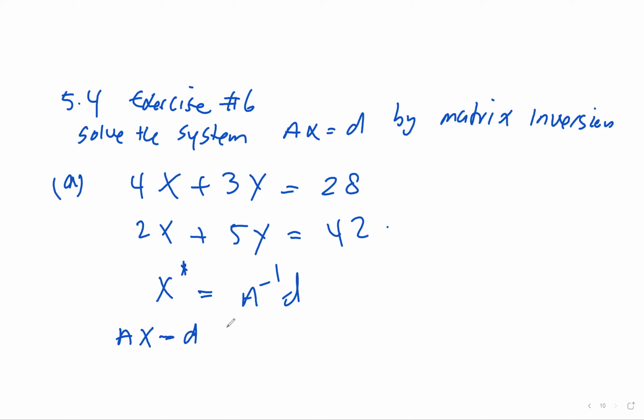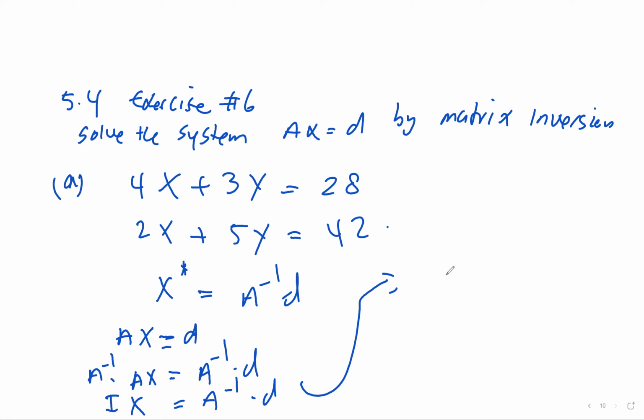So we multiply both sides by A minus 1 times AX equals A inverse times D. So on this side, A inverse times A becomes the identity, giving X, and that is equal to A inverse times D. And from here, we can write that X star is equal to A inverse times D. So that's what it is equal to.